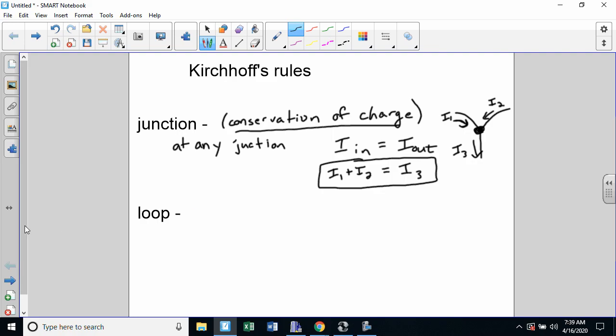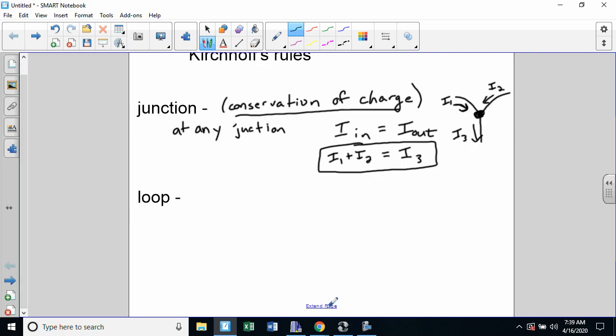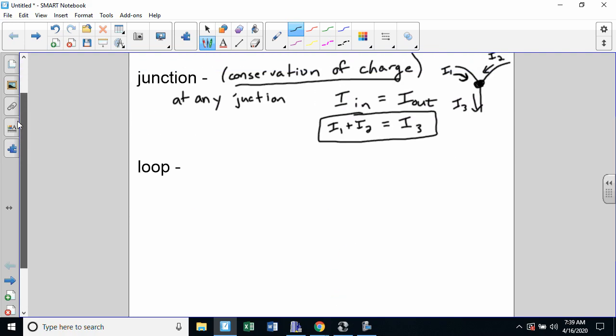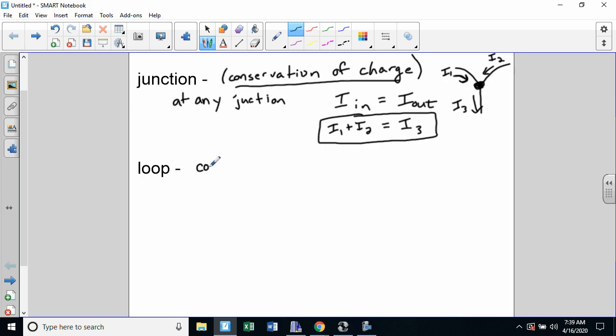The next rule we have for Kirchhoff is the loop rule. It's also based on a conservation law, and this one is conservation of energy. Okay, so it means that energy is still conserved in our closed loops in a circuit. We know that batteries are voltage sources, so what they're going to do is raise the potential energy of charges and send them out into the system.